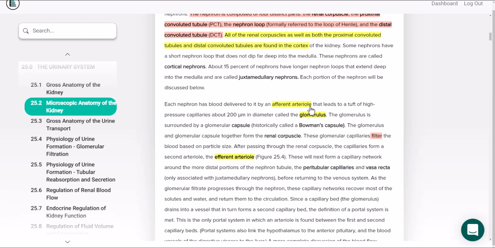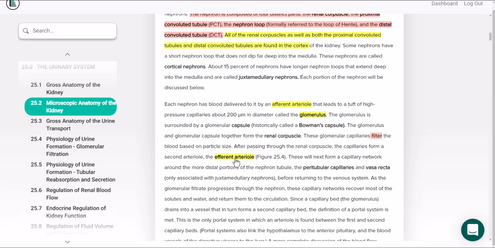Here, we see blood going into a capillary through an arteriole and coming out an arteriole. This reminds us that this is not where gas exchange is happening. This glomerulus is a capillary dedicated to filtering the blood, but not involved in gas exchange. That's going to happen next.